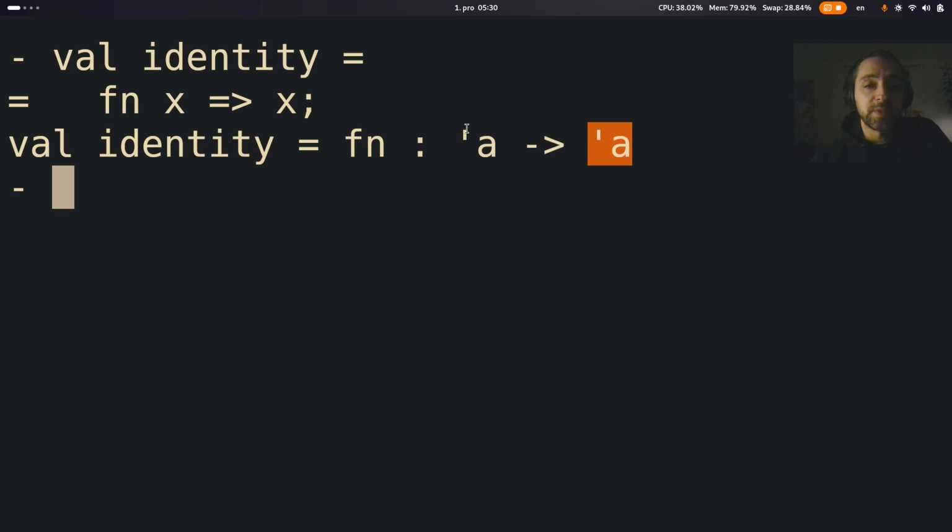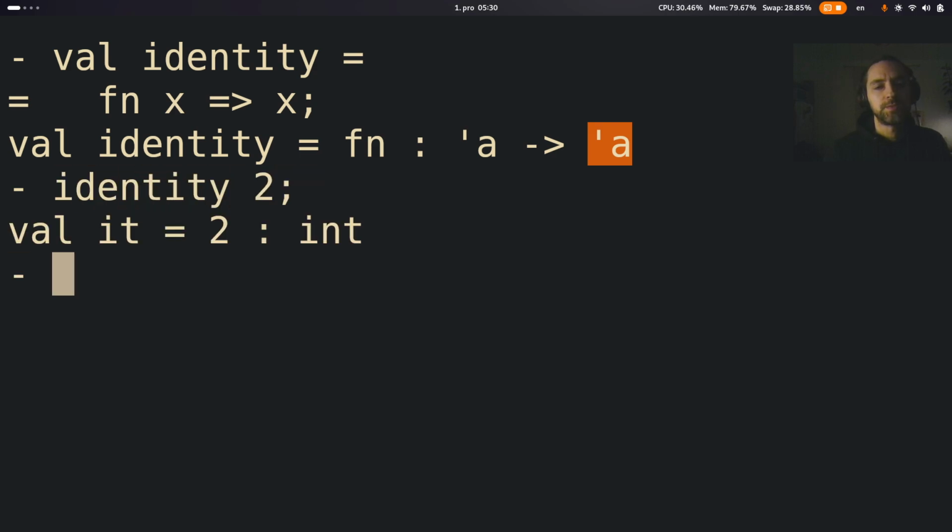I guess we could give it another function. So identity 2 is 2. It gives us back 2, but it does not give us back the function. I guess that's the difference between the constant combinator and the identity combinator.